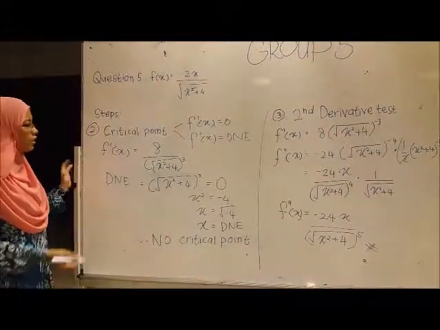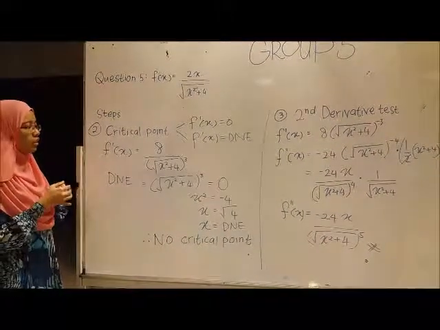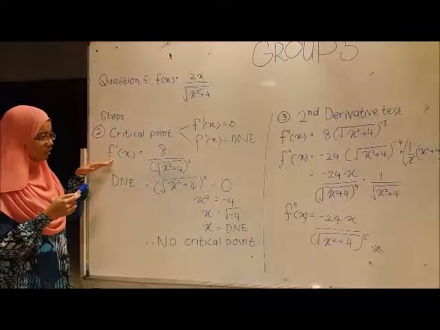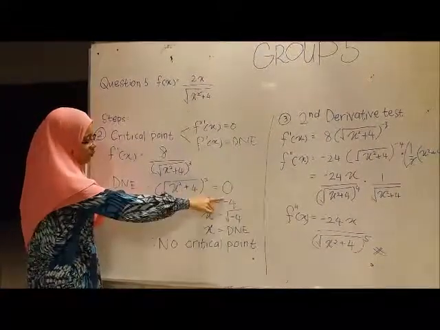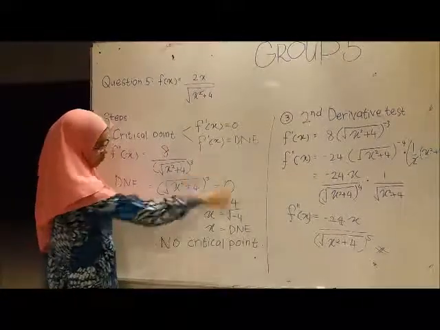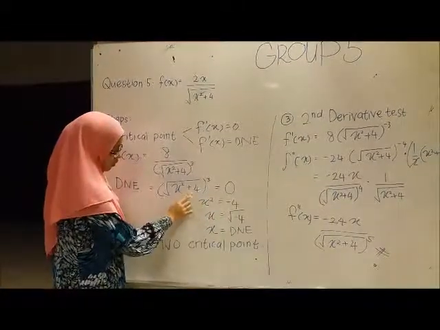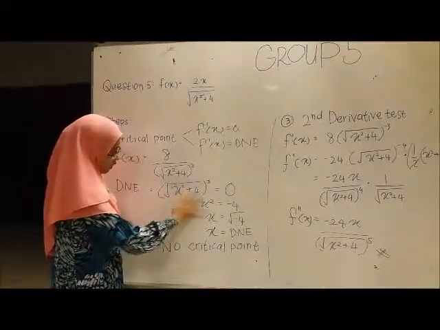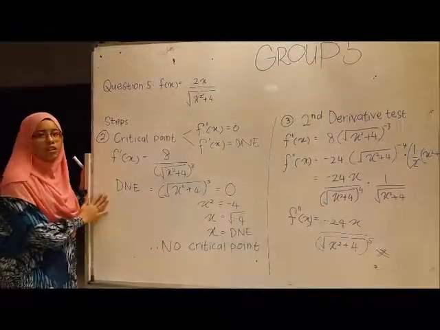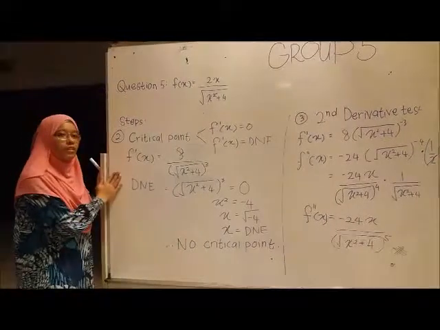Here the numerator is never equal to 0, and f prime x exists everywhere, so there is no critical point in the first derivative test.